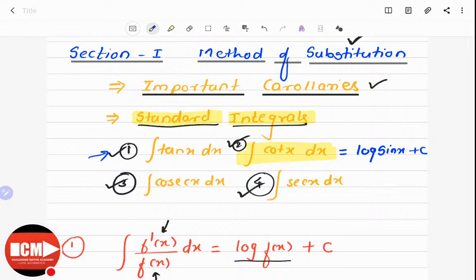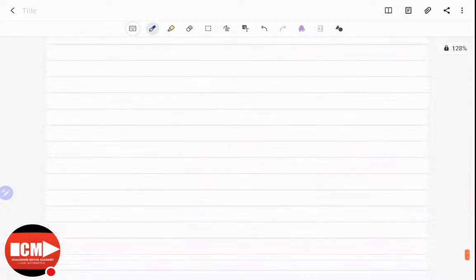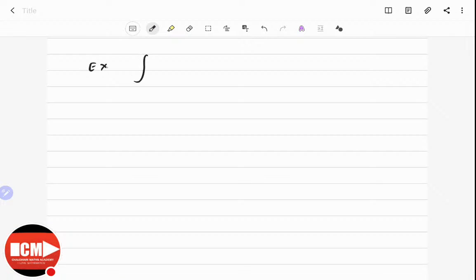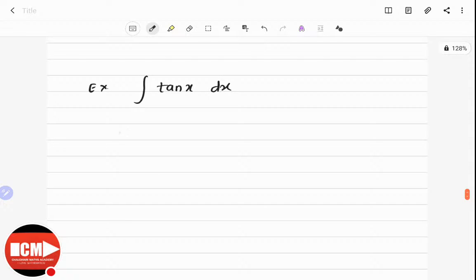Now it's time to solve integration of tan x. Here I am mentioning the next example as integration of tan x. Try to solve this integration of tan x using this corollary. We can express tan x as sin x divided by cos x.